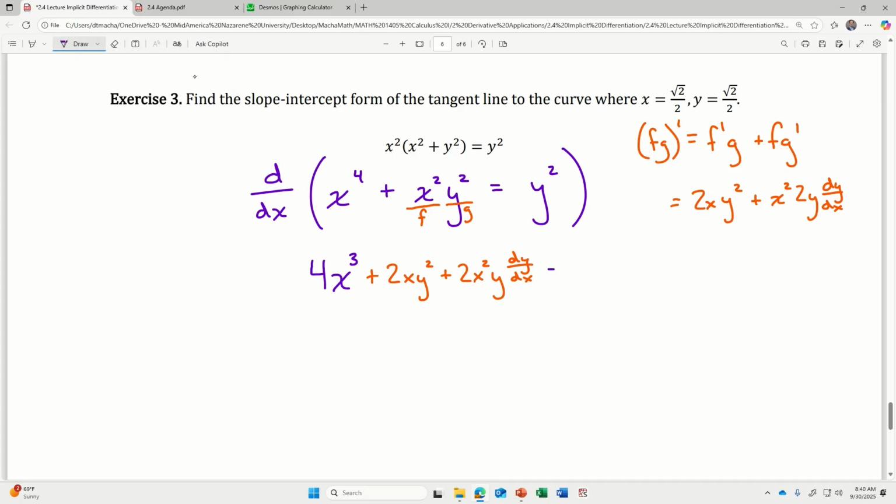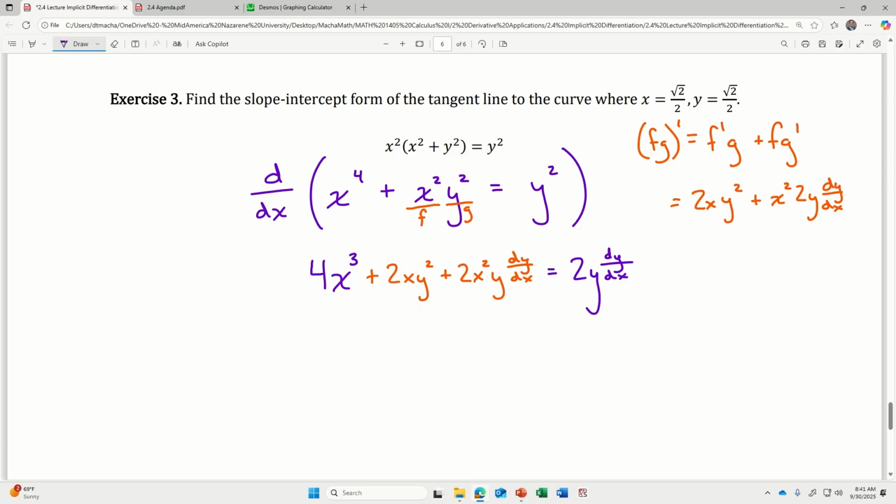And then what's the derivative of y squared? 2y. Ooh, are you forgetting something? dy dx. Yep. Yeah, so when we look at x squared times y squared, we think product rule. That's perfect. Again, I wrote down the product rule formula, so I didn't make any mistakes. I want to be really careful. The derivative of x squared is 2x. We multiply times y squared.